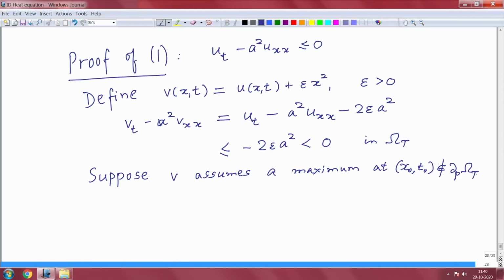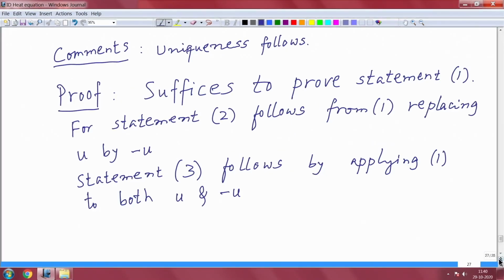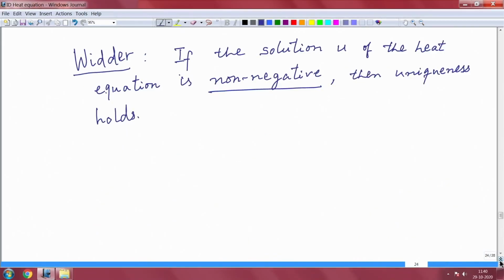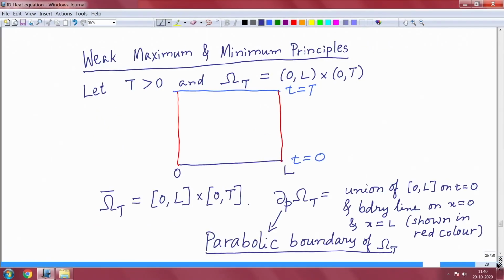So, we want to obtain a contradiction. What we intend to show is the maximum of v can occur only on the parabolic boundary. So, we are assuming this x_0, t_0 is somewhere here, where the function v assumes a maximum.